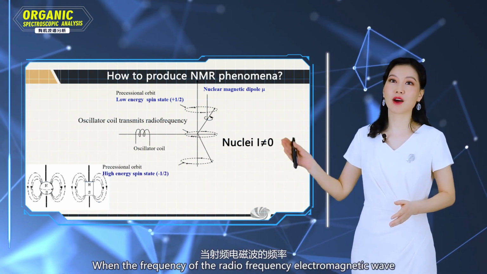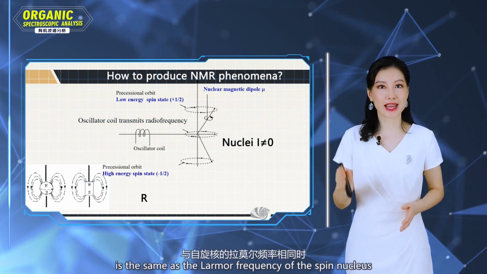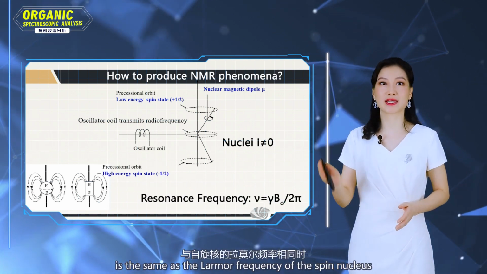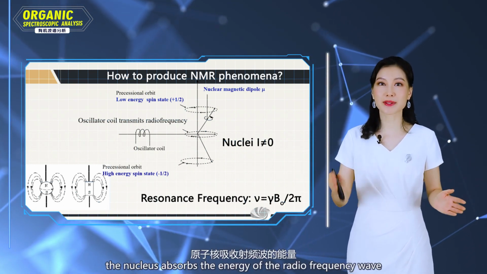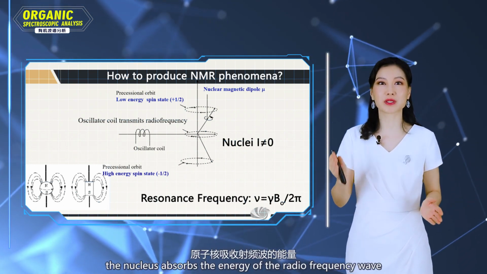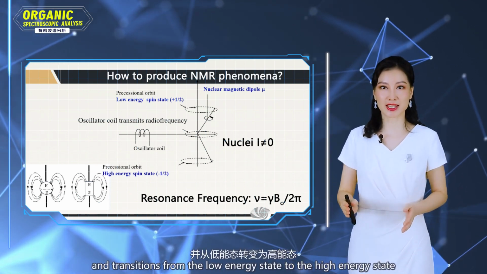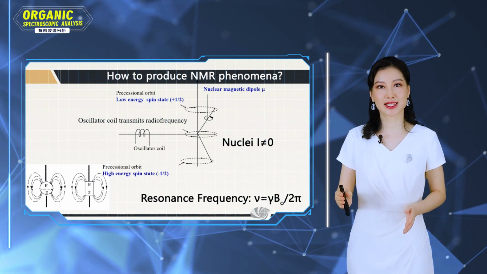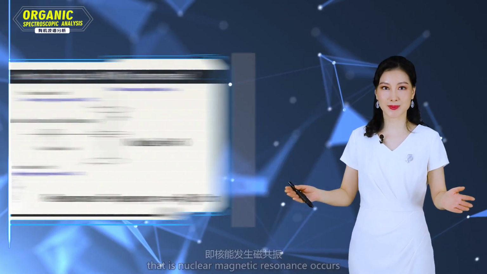When the frequency of the radio frequency electromagnetic wave is the same as the Larmor frequency of the spin nucleus, the nucleus absorbs the energy of the radio frequency wave and transitions from the lower energy state to the higher energy state. Thus, nuclear magnetic resonance occurs.